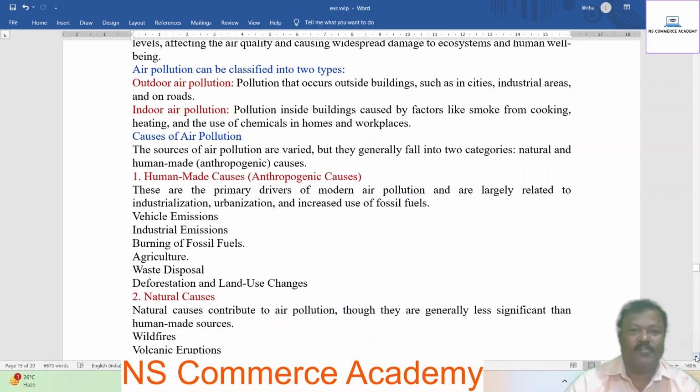Causes of air pollution. The sources of air pollution are varied, but they generally fall into two categories: natural and human-made causes. Human-made causes are the primary drivers of modern air pollution and are largely related to industrialization, urbanization, and increased use of fossil fuels: vehicle emissions, industrial emissions, burning of fossil fuels, agriculture, waste disposal, deforestation, and land usage changes.